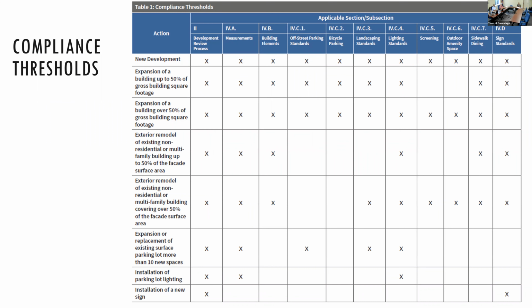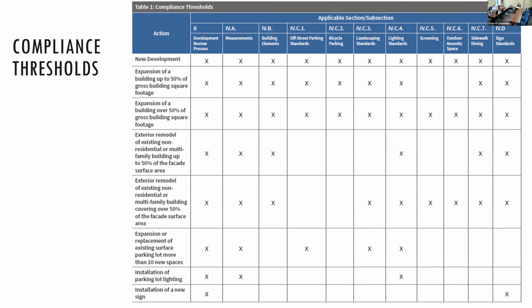A really important component of the form-based code is compliance thresholds. At which point in a project are we, as the planning board, the town board, the zoning officer, going to sit down with an applicant and say, these are the sections of this code that you have to comply with?